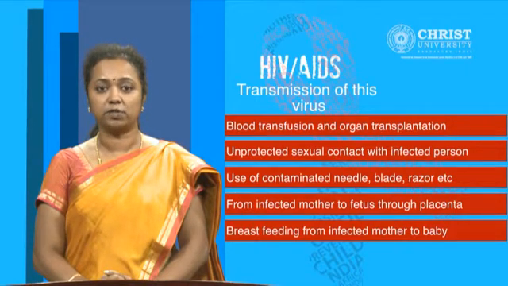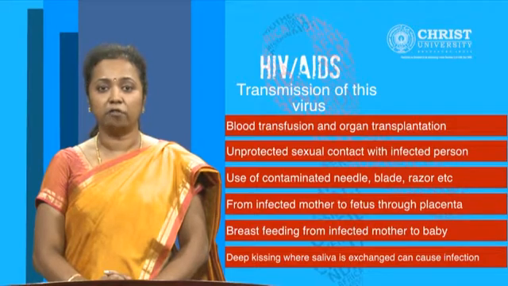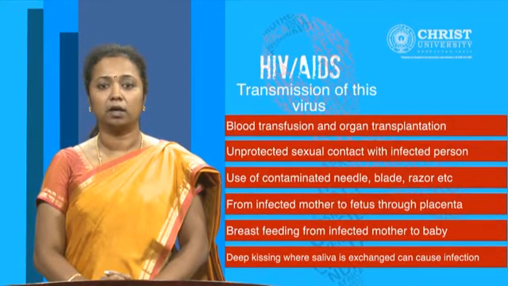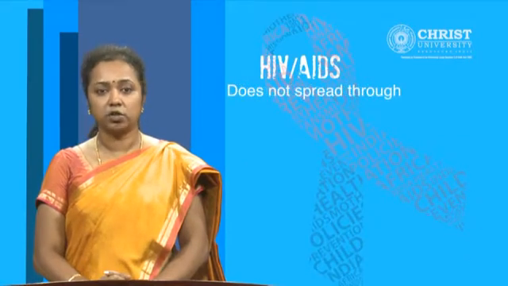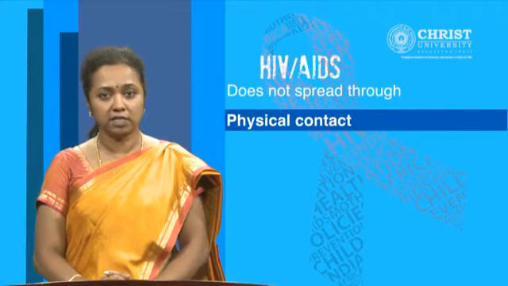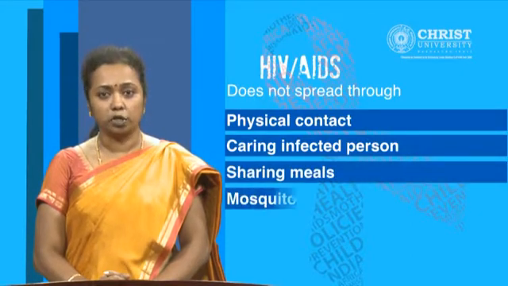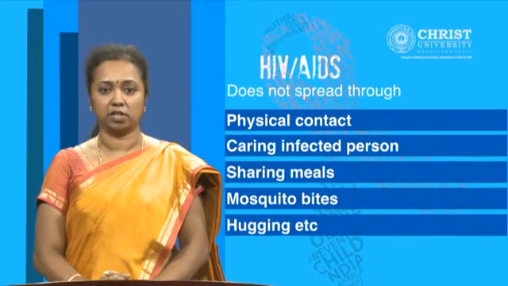Recent research has proved that deep kissing where saliva is exchanged can cause infection. However, AIDS does not spread through physical contact, carrying an infected person, sharing meals, mosquito bites, hugging, etc.